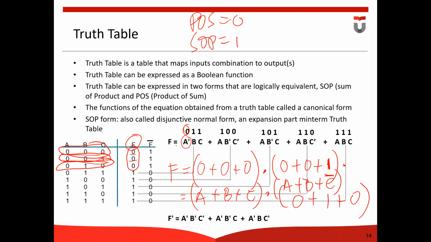When this is 0, then it will become just A. And then the last one is times, this is A plus B not plus C. Okay, so this is how we represent the truth table by using the canonic form, either using SOP or using POS.